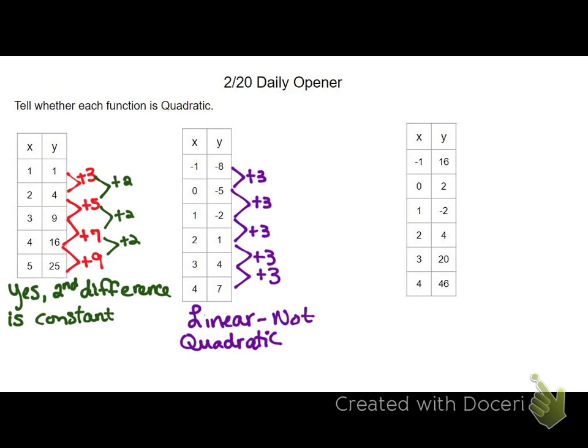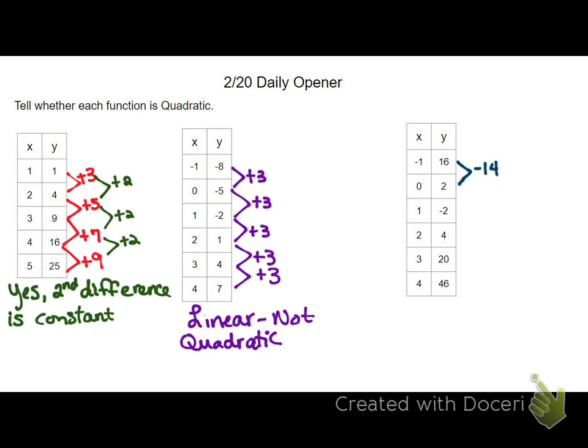Okay, Joshua. So because the first difference is constant, it's linear, not quadratic. All right, let's take a look at our last example on the front side of our opener here. How do I get from 16 to 2? Minus 14.